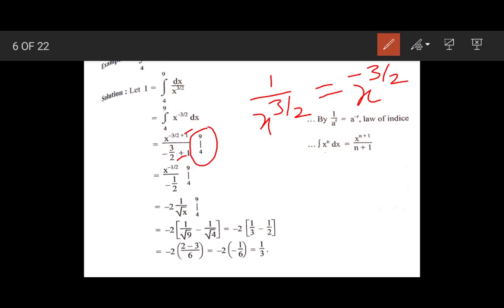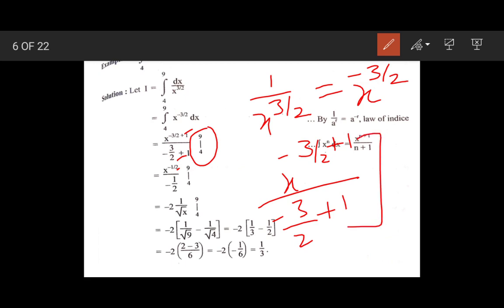Simplifying, we get x raised to minus 1 upon 2, and the denominator is also minus 1 upon 2, with limits 4 to 9.